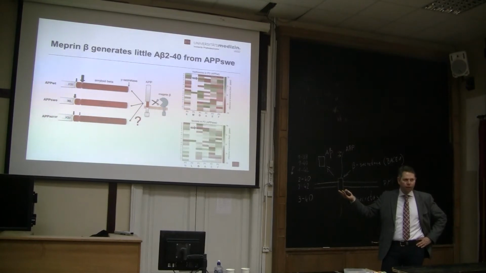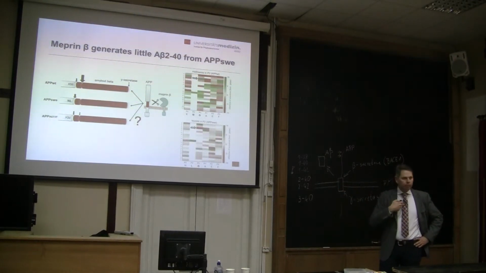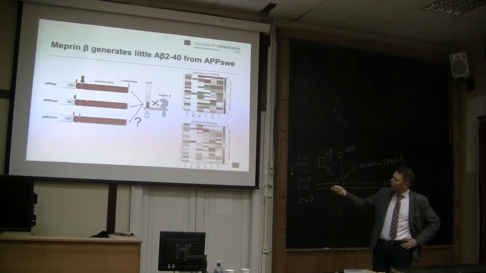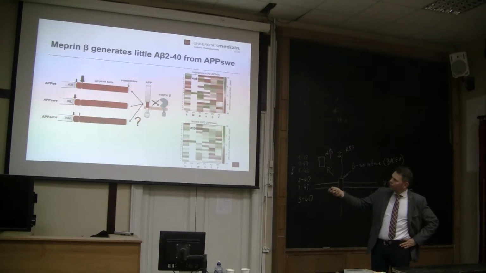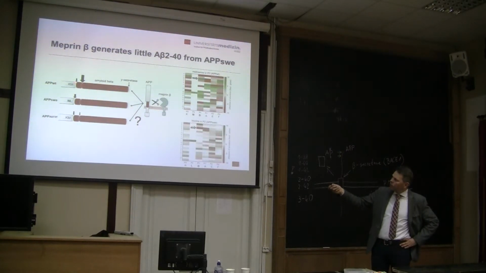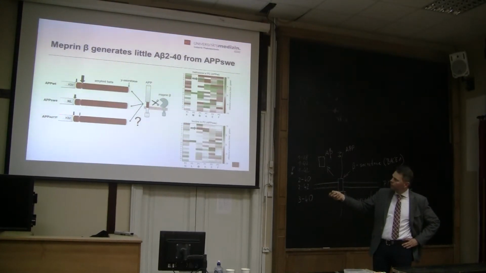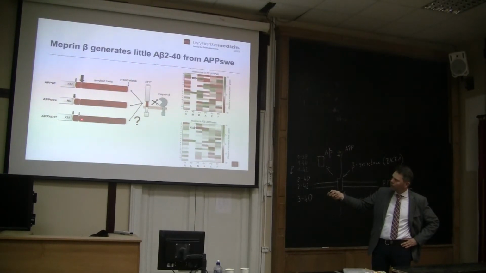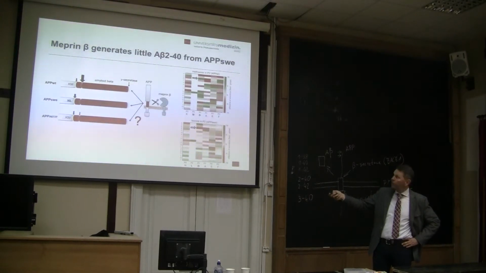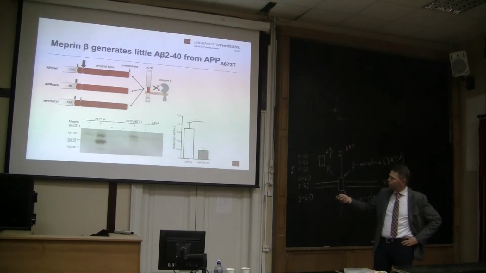But I claim, if you alter amino acids around the beta-secretase cleavage site, you should have an effect on MEPRIN, right? So here we are changing again, at this position here, an amino acid, so we should have an effect on MEPRIN, maybe. And we do.